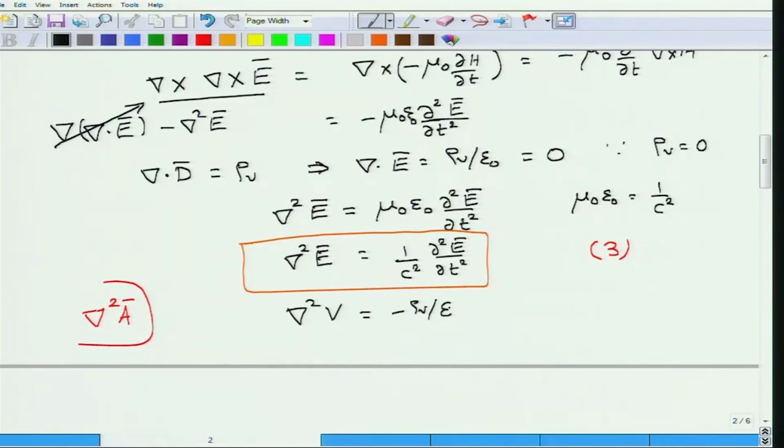This was Poisson's equation, where V was a scalar and del square was the Laplacian operator. But in this case I don't have a scalar, I have a vector. Therefore this is what is called the vector Laplacian. Now this is very, very important. This is a vector Laplacian, not the scalar Laplacian.